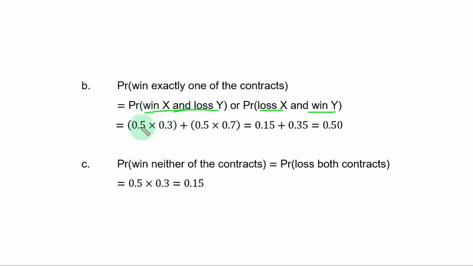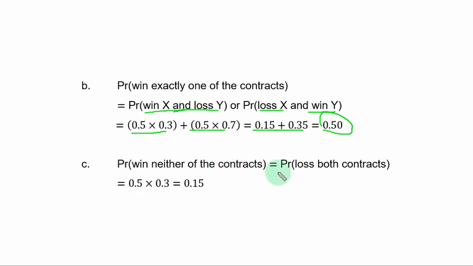To win S, 0.5 times to lose Y, 0.3, plus to lose S, 0.5 times to win Y, 0.7. That is 0.15 plus 0.35, and that is 0.50.